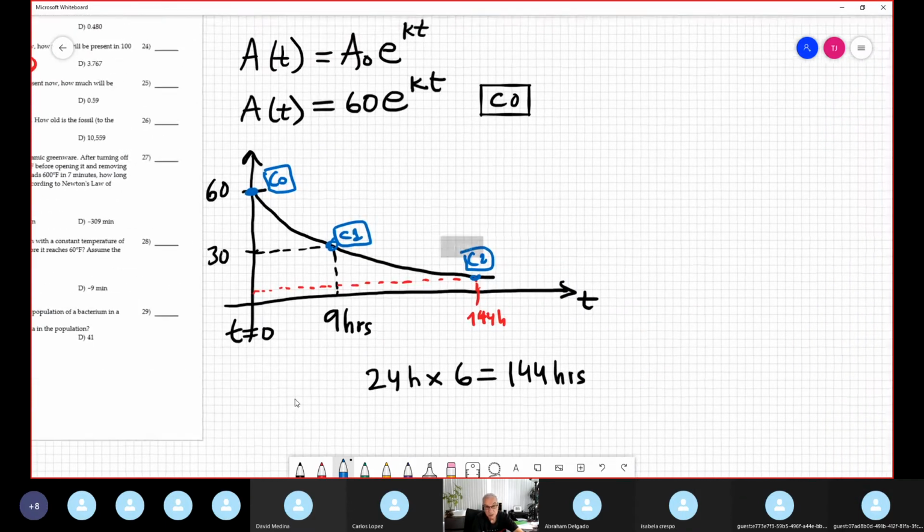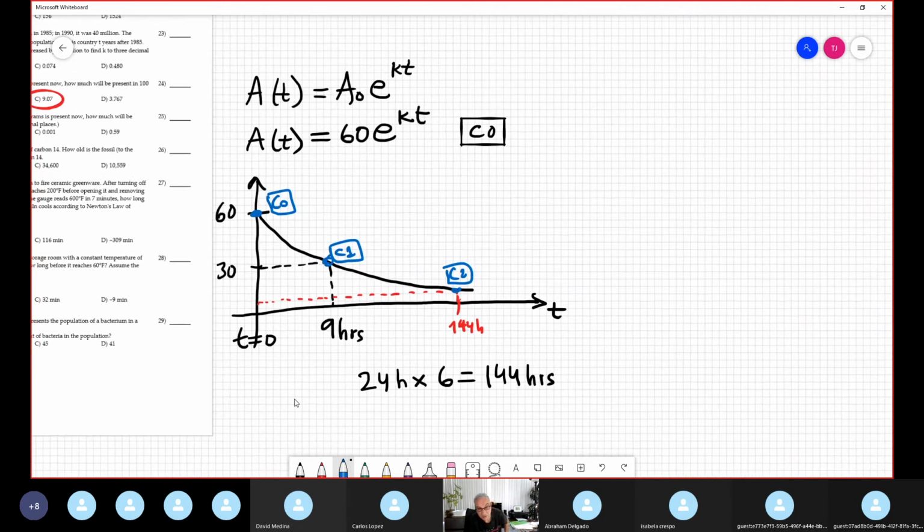This is a visual interpretation, no? Do you like it or no? Come on, guys, answer me. Yes, yes. But you need it or no? I need it. Yes, it helps. Okay, so let's move on to condition 1 to find the K value.